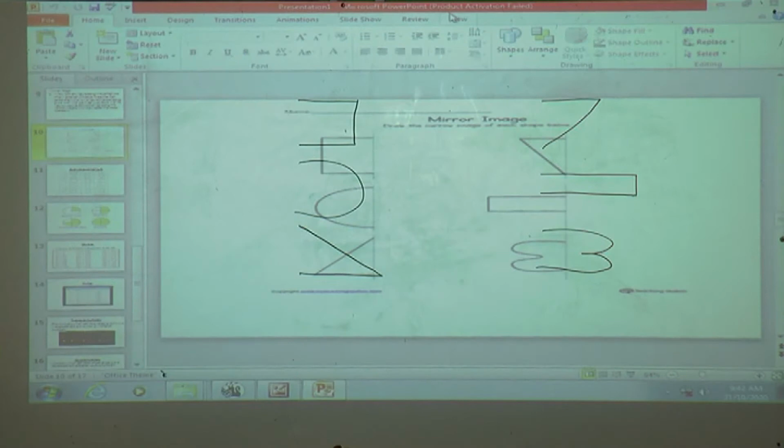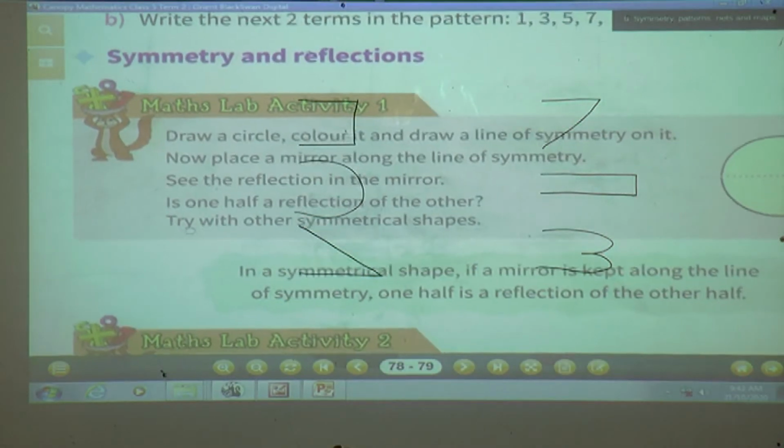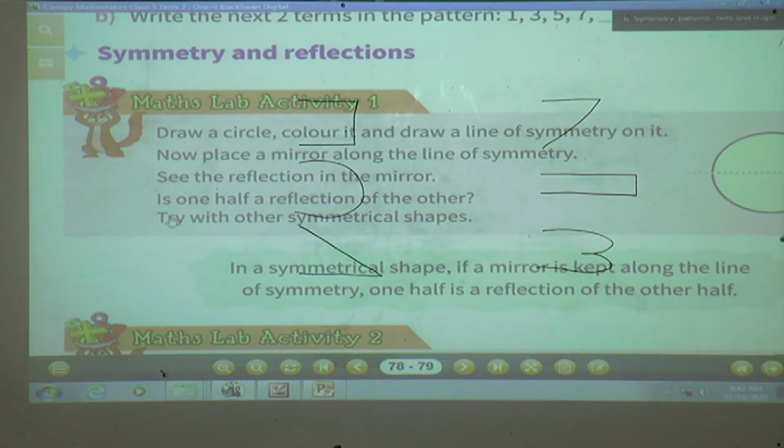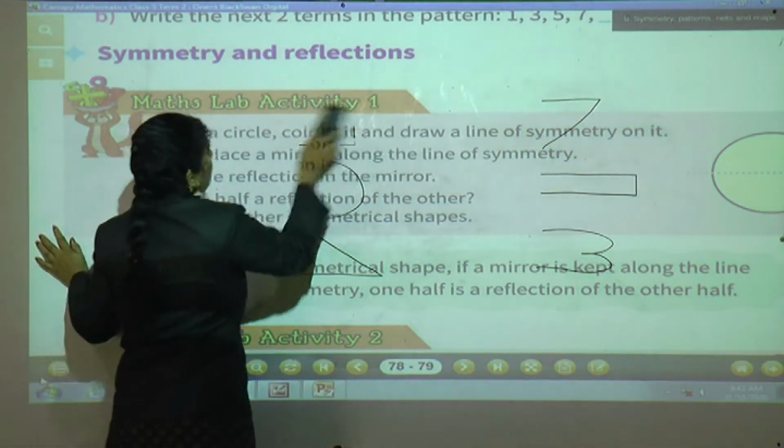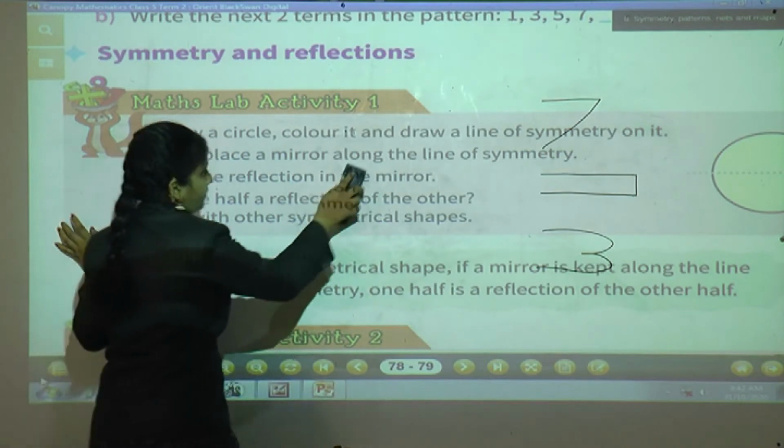See in your textbook, symmetry and reflections. Here they have given a maths lab activity. What is this? We'll see.